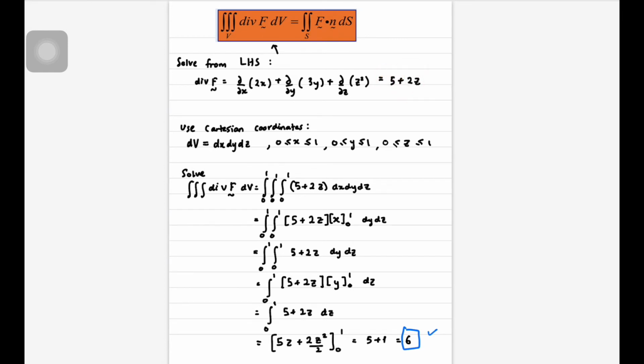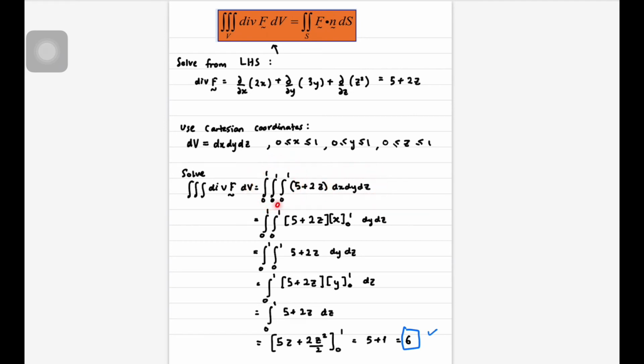Next, use Cartesian coordinates. Okay, so dv is equal to dx dy dz. Okay, with this limit x from 0 to 1, y from 0 to 1, and z from 0 to 1. Okay, so this is your divergent f, this is your dv, and this is all the limits.